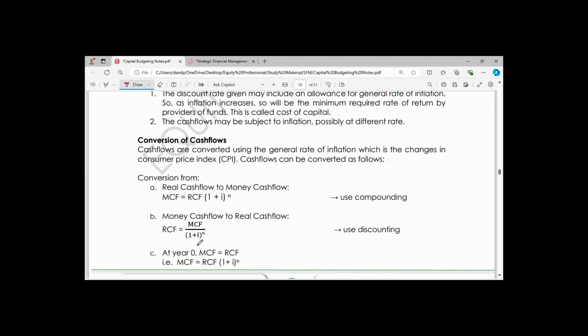You want to convert money cash flow to real cash flow, which means the real cash flow will be the subject of the formula. Therefore, you pick the money cash flow, you multiply with general inflation rate raised to power minus n. When you do this, it means that you are discounting.